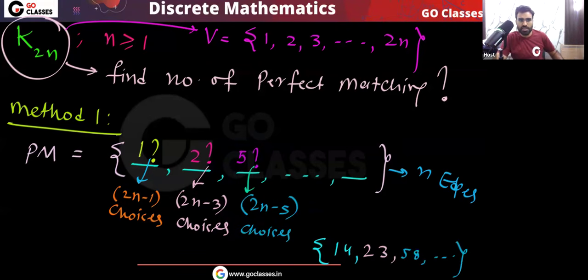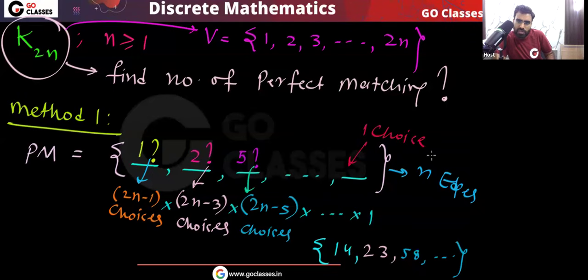I hope you understood. So you can see that the sequence will be like this: 2n minus 1 multiplied by 2n minus 3 multiplied by 2n minus 5, and so on. At the end, there will be only one choice. Yes or no?